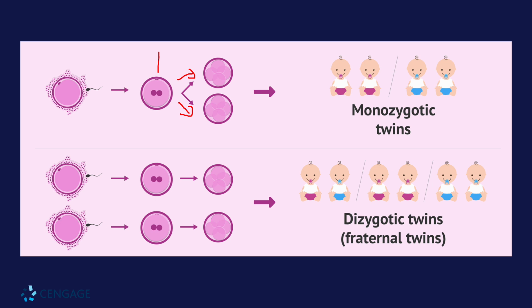On the other hand, fraternal twins come from one egg cell and one sperm cell, and then another egg cell and another sperm cell, and then they are fertilized in the same womb. So we have one egg cell and one sperm cell, then another egg cell and another sperm cell.